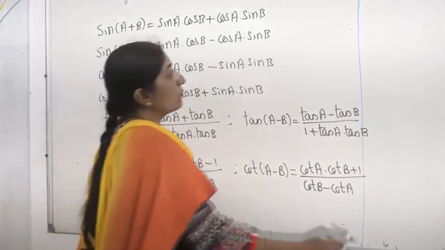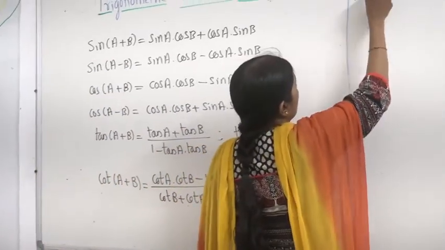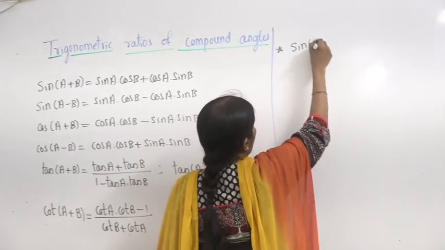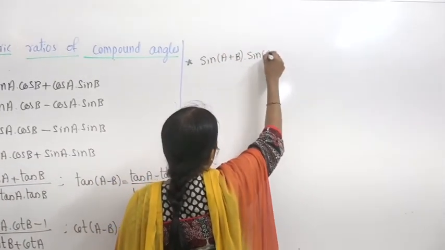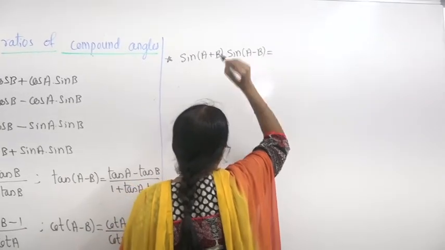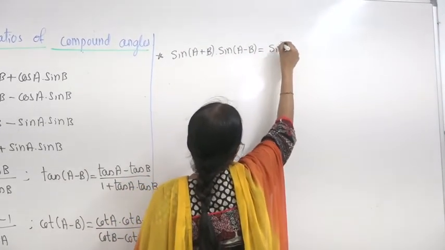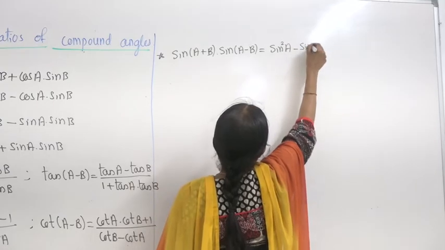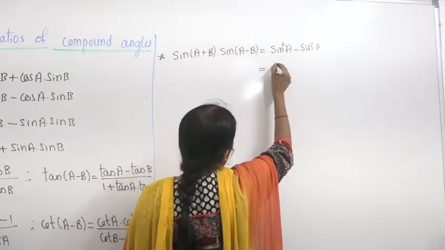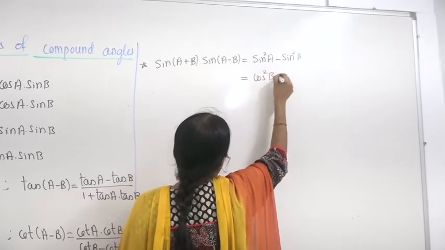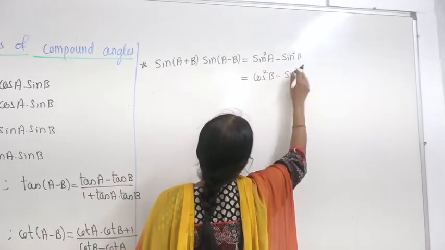After this, the two important formulas we are using in competitive exams. Sin(A+B) sin(A-B) = sin²A - sin²B, and depending on the problem you can write it like this: cos²B - cos²A.